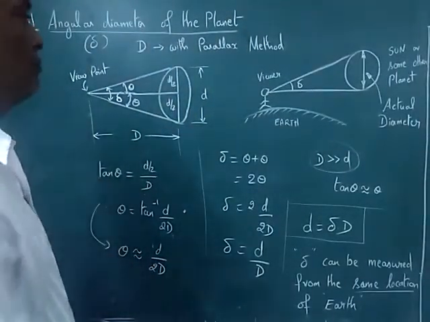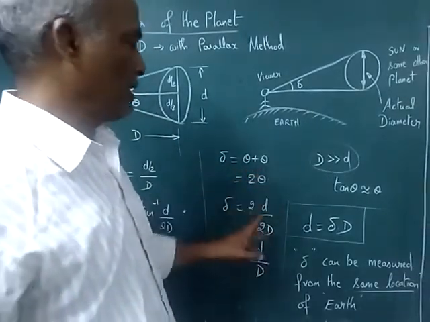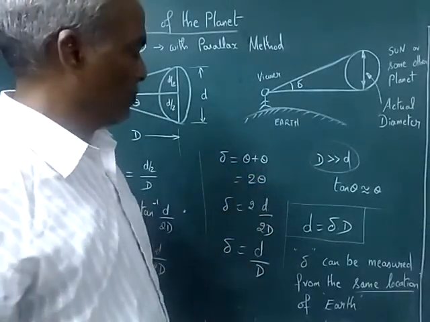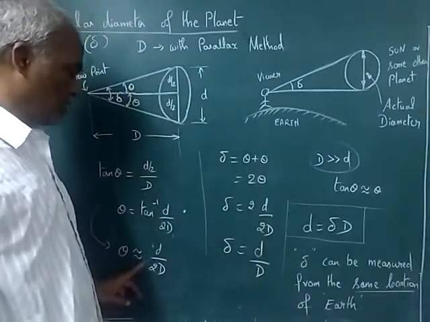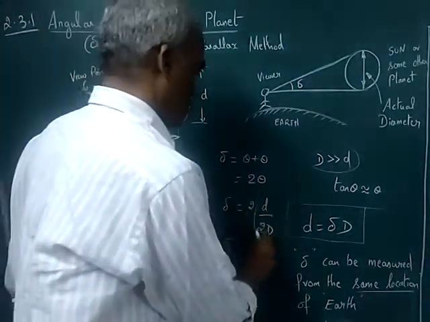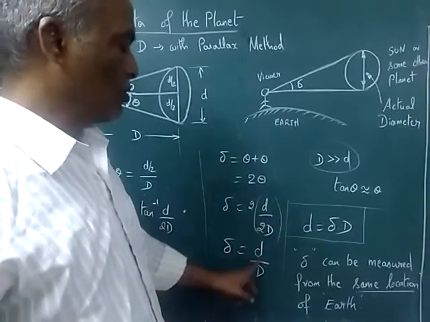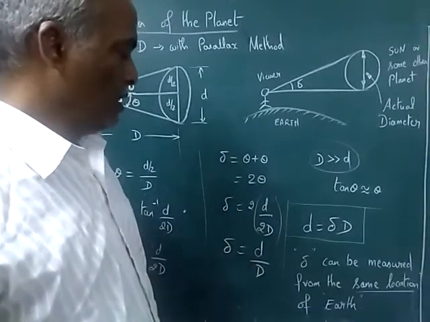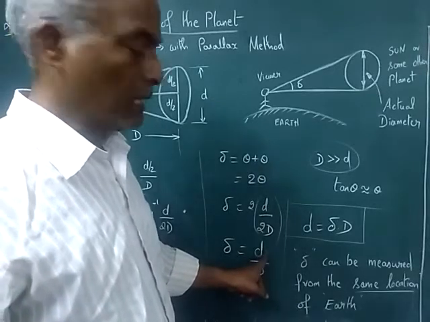Now we have this side theta and this side theta. So del is equal to theta plus theta, which is equal to 2 theta. So del is equal to 2 times theta, and we have theta from this equation, d by 2D. You substitute here. So 2 into small d divided by 2D. So del is equal to d divided by D. Now from this equation, the unknown parameter is small d, which is the diameter of the planet.